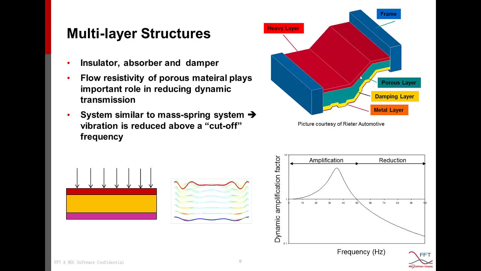Okay, so to model these types of components in Actran, we just use the solid and shell components and mesh each layer with its corresponding thickness and material properties, including the real part and imaginary part of the Young modulus, and the Biot properties for porous material, for example, and all these properties can be frequency dependent.